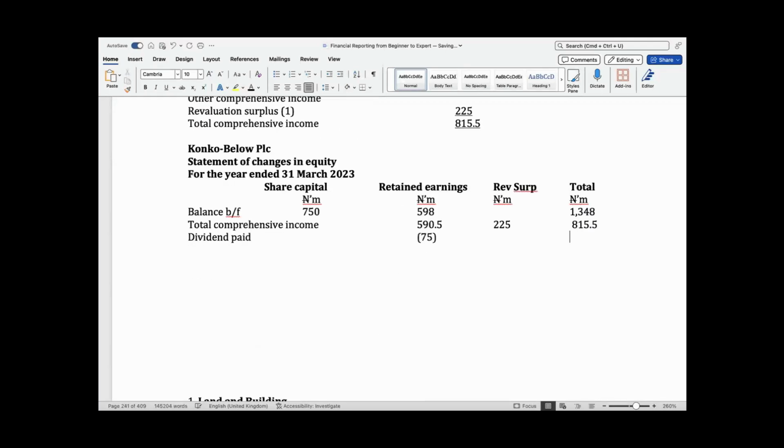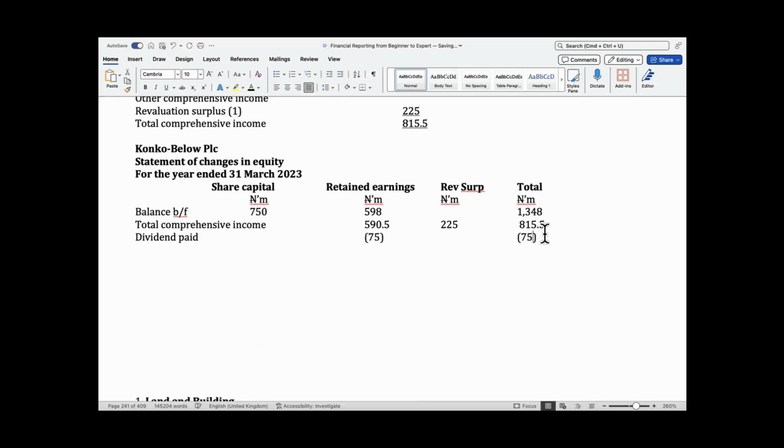Moving it from here, when I come to the total, I'll remove it. Okay, let's add up. So the balance carried forward here is how much? 750.